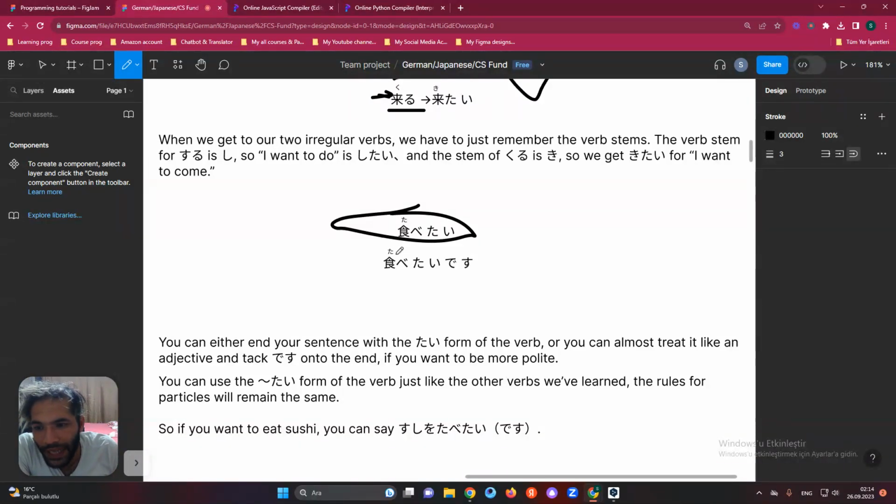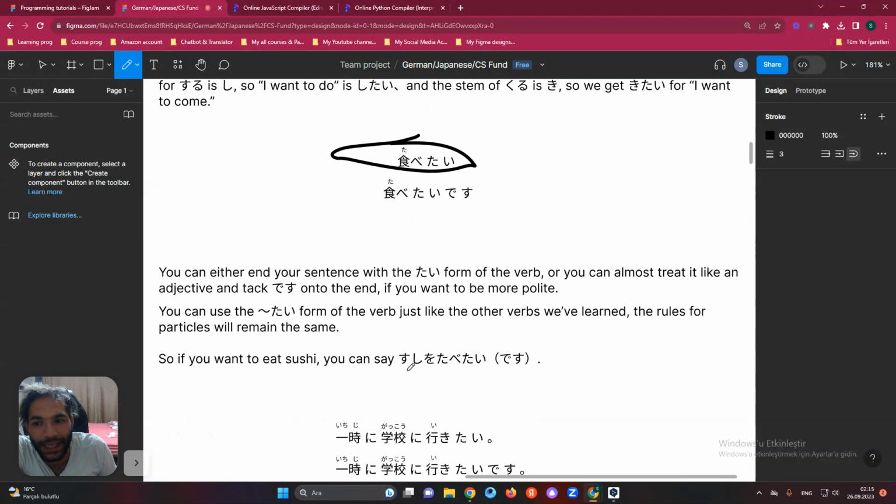So we have tabetai desu. Desu makes it like masu. We'll talk about it later. You can either end your sentence with tai from the verb, or you can almost treat it like an adjective and add desu onto the end if you want to be more polite.